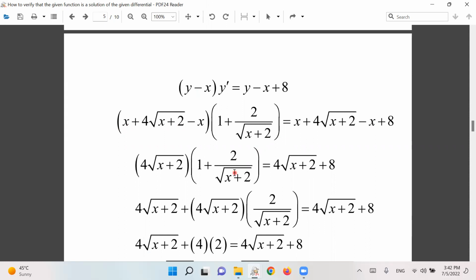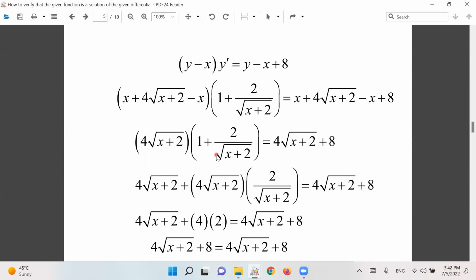Now we simplify both sides to check whether the left hand side is equal to the right hand side. Here we have to see that this is x plus x, this is minus x, so this and this will be cancelled out. So we will be left with just this term, 4 times the square root of x plus 2, multiplied by 1 plus 2 over the square root of x plus 2.